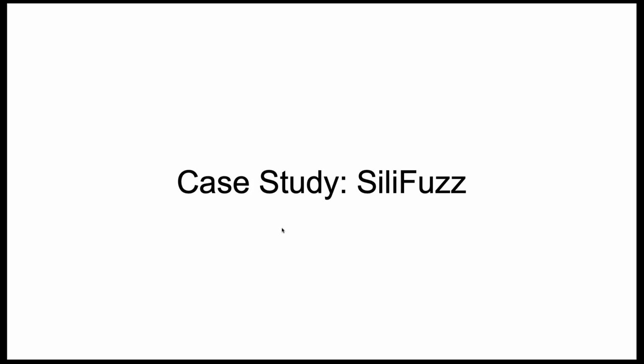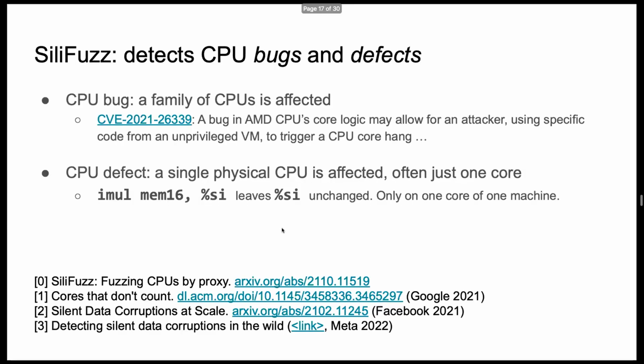It is by no means scientific. It is more like anecdotal evidence that this project benefited from rich coverage signal. So what is SiliFuzz? SiliFuzz is a project that is 3.5 years old by now. Its goal is to detect bugs and defects in the modern CPUs.